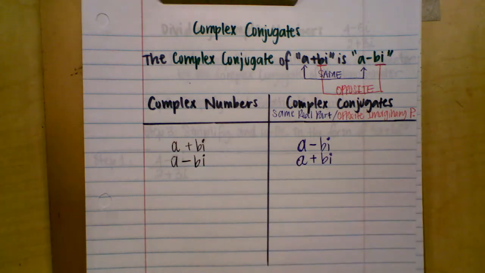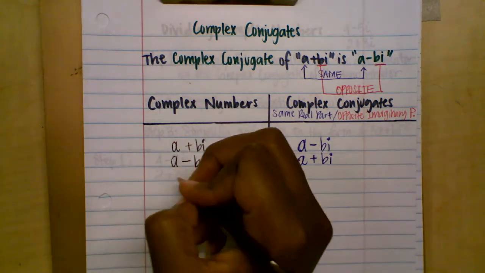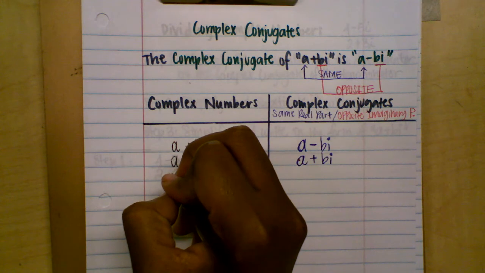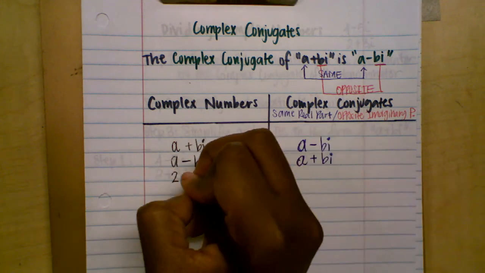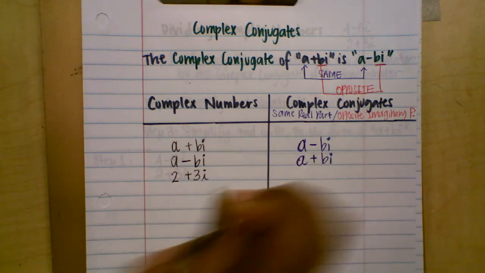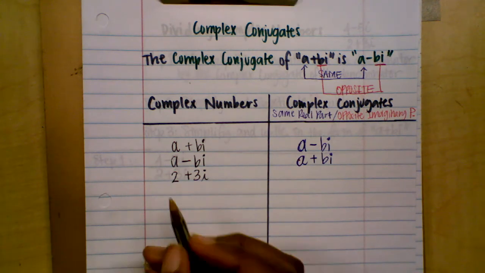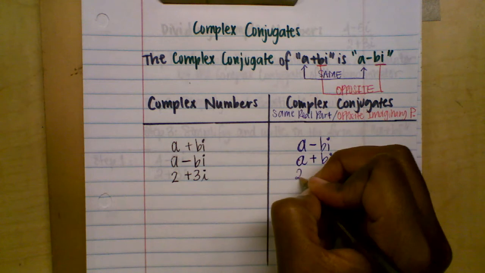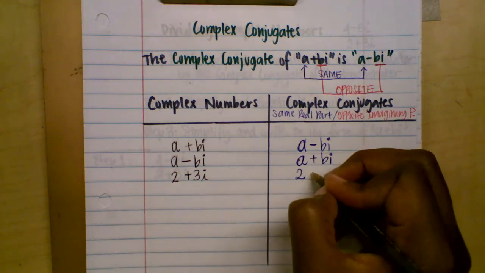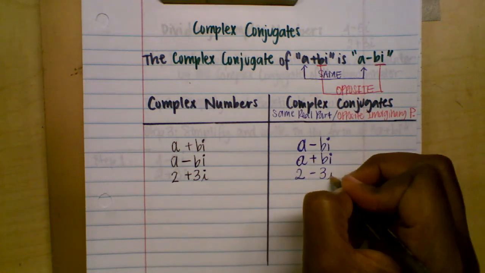Okay, the next complex number is going to be 2 plus 3i. What is going to be its complex conjugate? The same real part, which is 2, and opposite imaginary part, which is negative 3i.